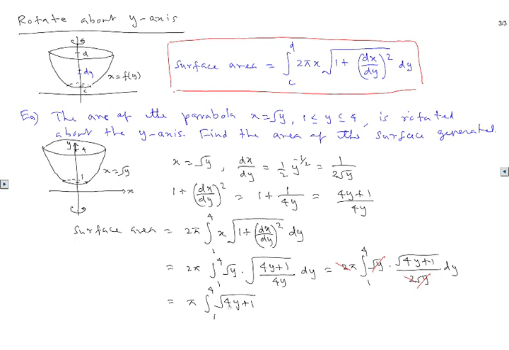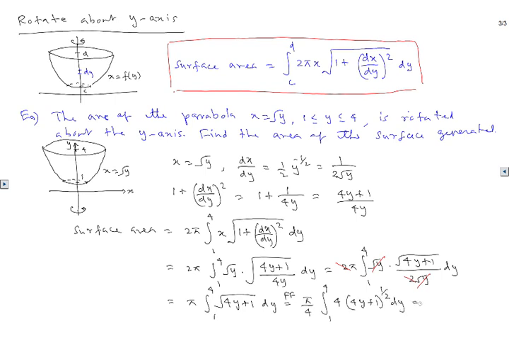This is a very easy integral using the substitution method or the formula, so I'm going to go with the formula. The derivative of the inside function is 4, so that means you can multiply and divide by 4, so 4 and then the square root of 4y plus 1, dy.